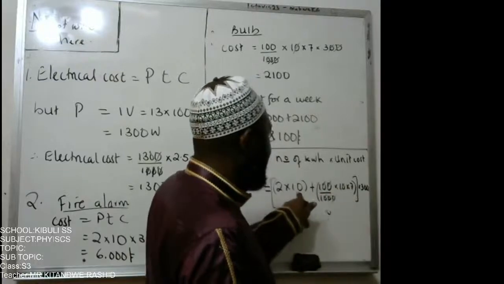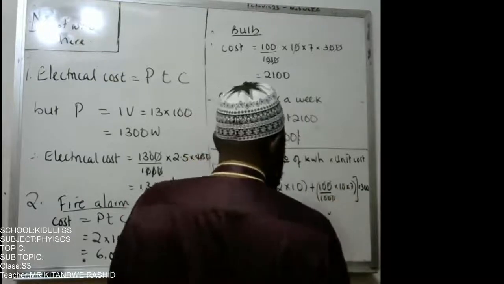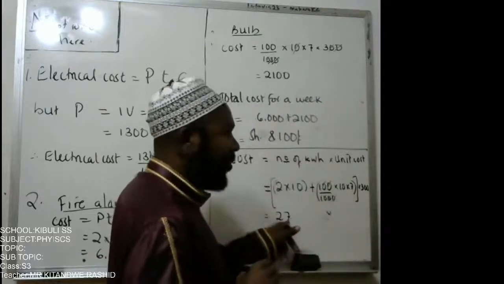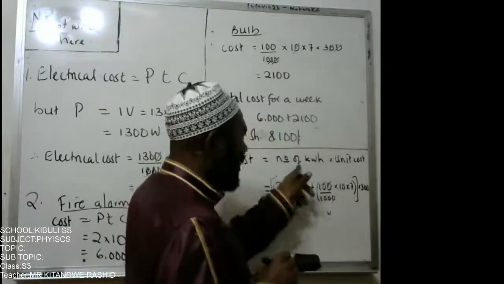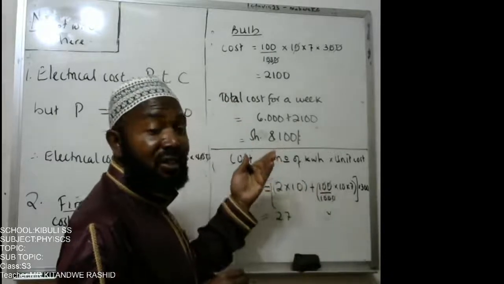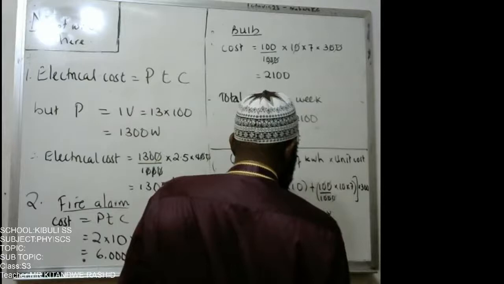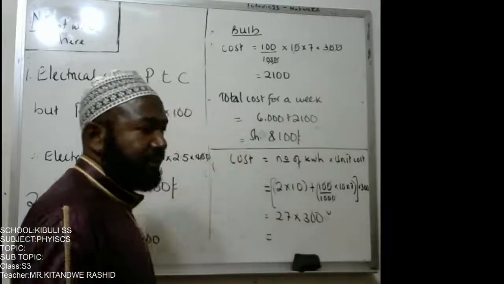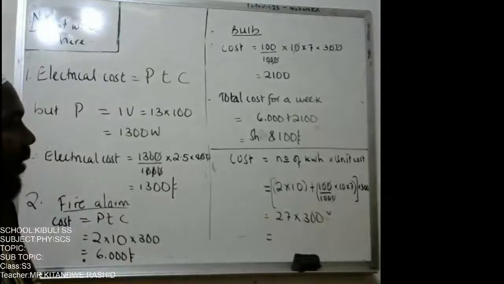So this is going to be 20 plus 7, so it is 27. 27 is the number of kilowatt hours. When I say number of kilowatt hours, I mean number of units times 300. So answer will be 27 times 300.